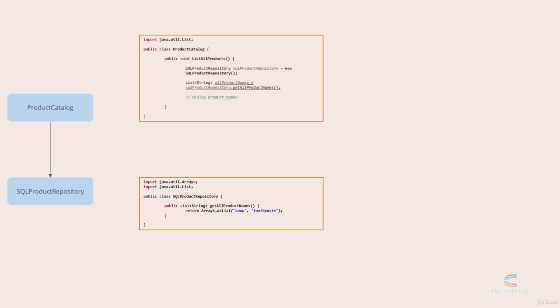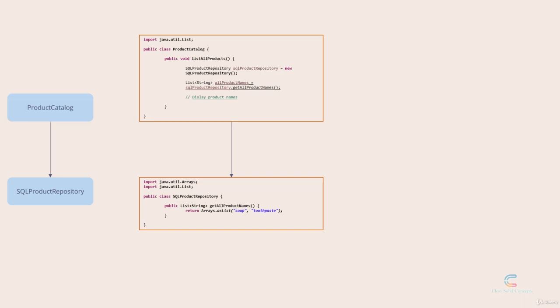Next, we have the product catalog class. Here we first instantiate a new SQL product repository object, and then we call the getAllProductNames function on the instantiated object. So product catalog directly depends on SQL product repository. So this is the violation of the principle as seen in code.